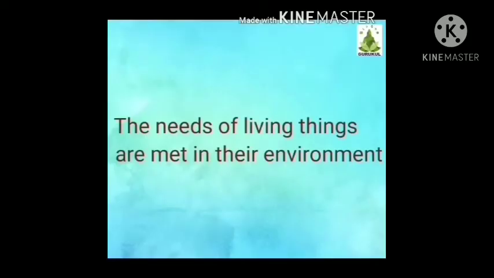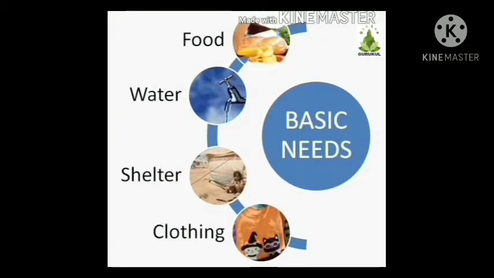Students, let's move to our another topic, that is the needs of living things are met in their environment. Humans have many needs like food, water, clothing and shelter. In the same way, plants and animals also have a need for these things, which are fulfilled by the environment.